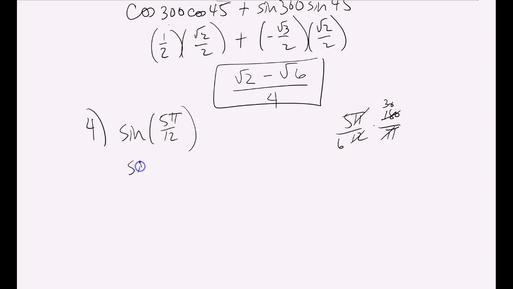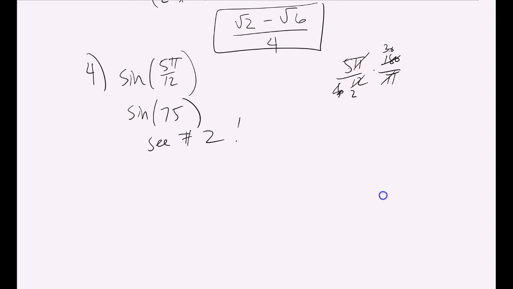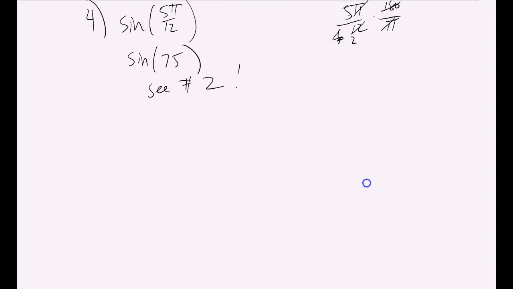So I'm getting that this is really supposed to be the sine of, is that 25 degrees? Hold on. That's a 2, dummy. Okay. 150, 75. This is sine of 75 degrees. I already did that. See, number 2. And I'm done. Okay, it's number 2. It's the same thing. So converting to degrees helps out that way too.